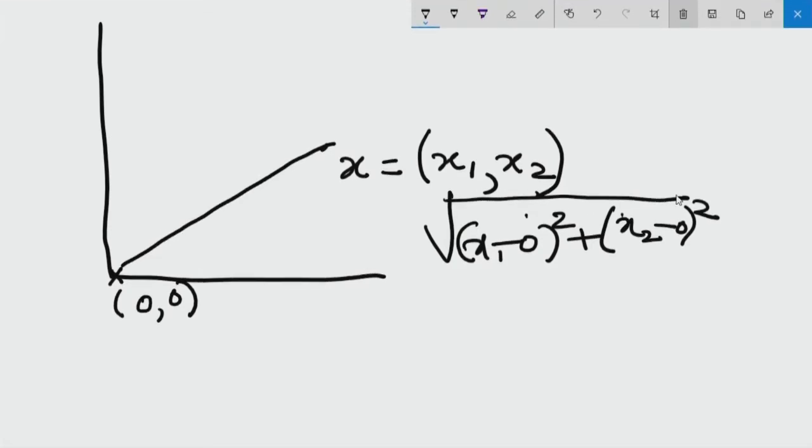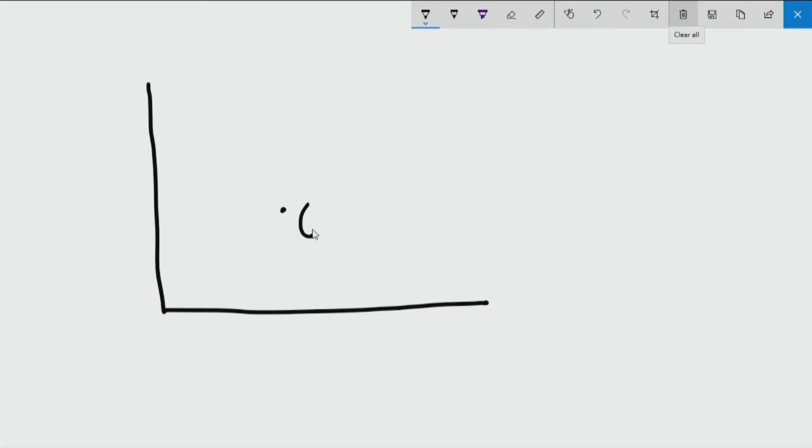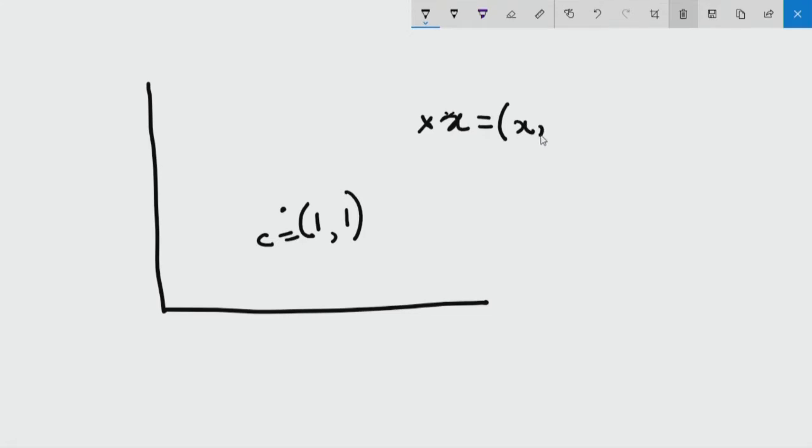Instead of 0, 0, obviously we could have some other fixed point. Suppose we take it as c equal to 1, 1. Take an arbitrary point x equal to x1, x2.